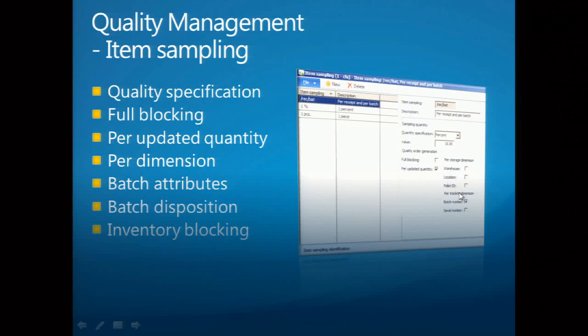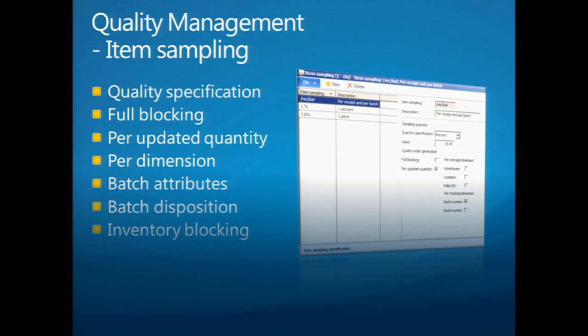So for instance, if you have all inventory, storage, and tracking dimensions, if you have batch enabled and serial enabled items, but you check this flag on the batch, that means if you have 10 serial numbers being received in the same inventory batch, you will only get one quality order. If you turn it on per serial number, then you will get 10 quality orders.